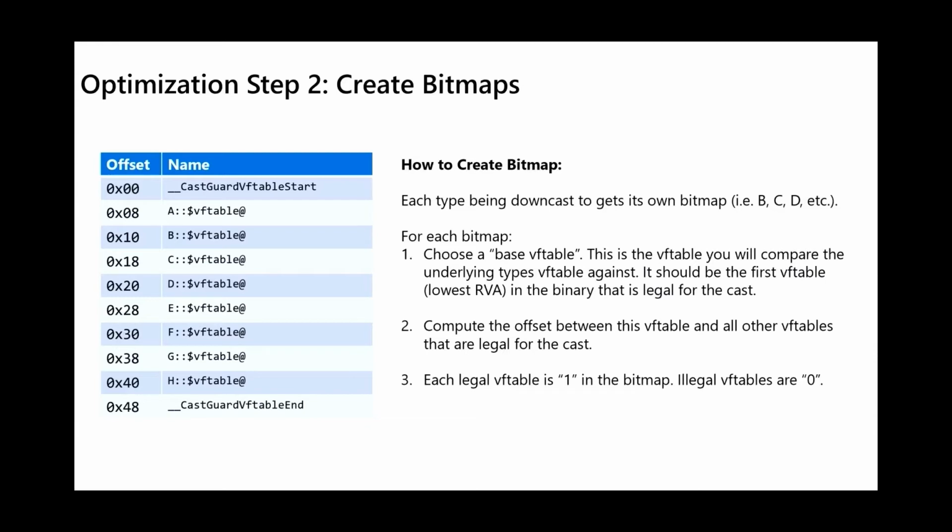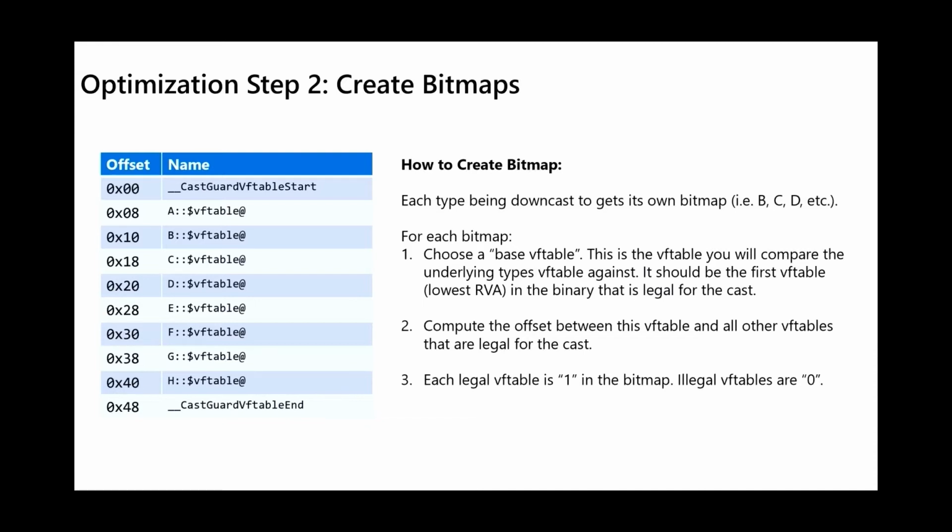In the example I've been using, where we're downcasting to something of type C, the vtable closest to the beginning of the binary is the C vtable, so that will be our base. Then you compute the offset between that base vtable and all the other vtables that are allowed for the cast. So one offset will be 0, because the C vtable is allowed for the cast, right?